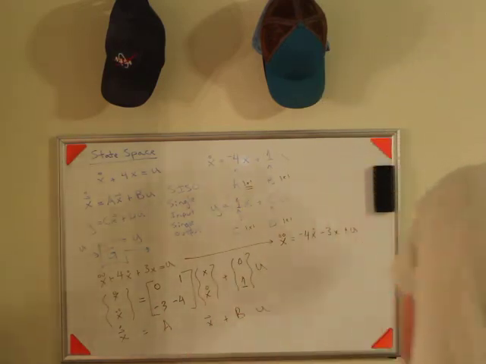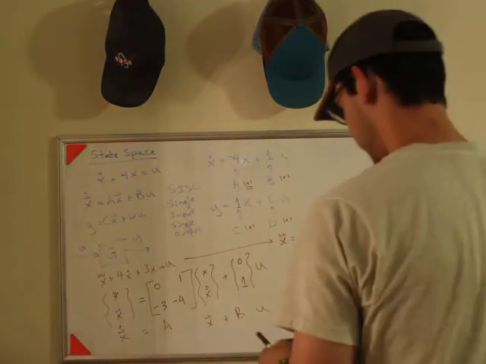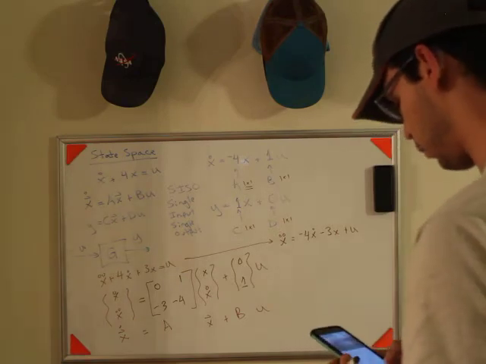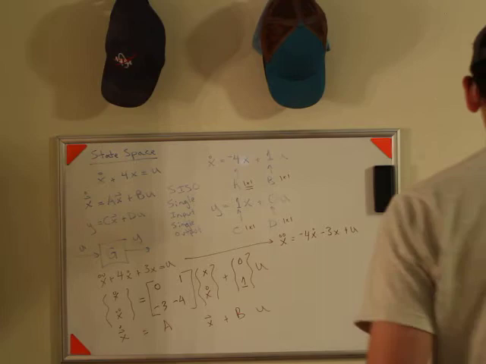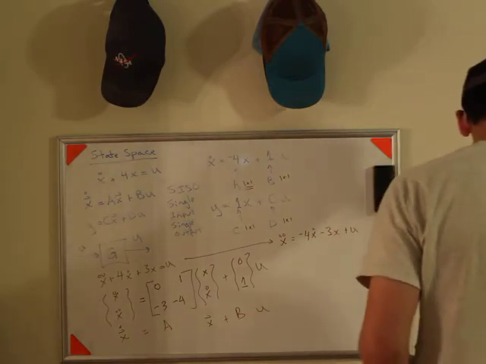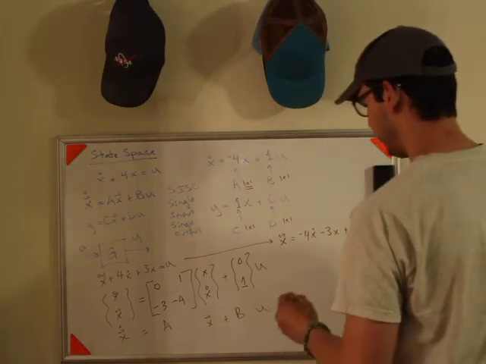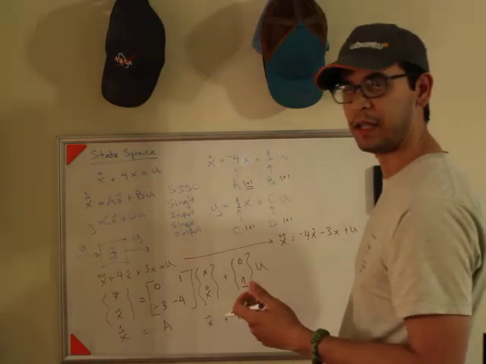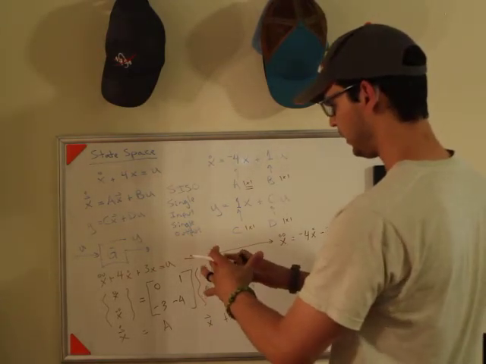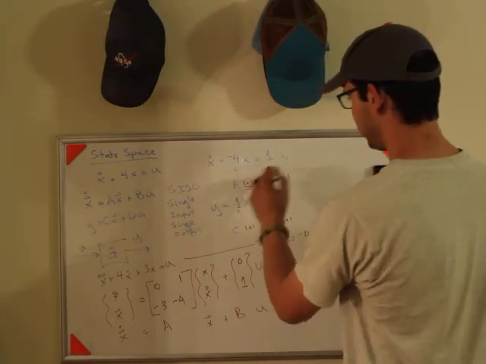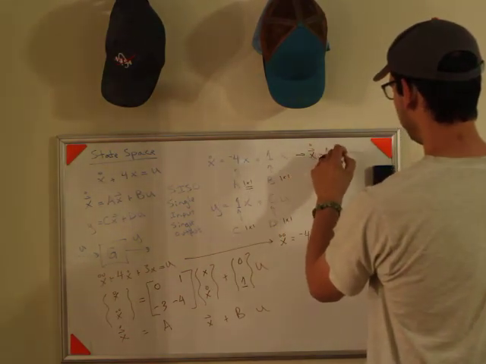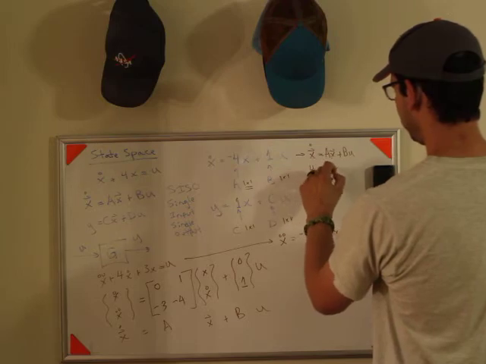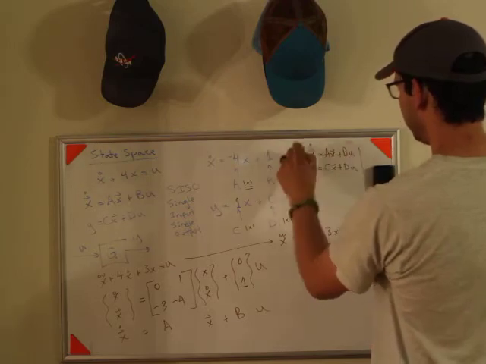So I'm going to take a picture of this and then move on and say, okay, well, big whoop, what is the appeal of this? And actually, I could write this in this corner here. The whole point of state space is the fact that, first off, if you have a second order, notice that this equation here, this is x dot equals ax plus bu, and then y equals cx plus du, right?